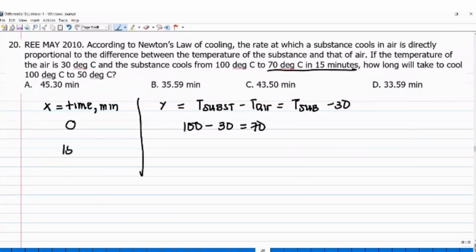So, 15 minutes, so 70 minus 30 is equal to 40. Tapos, tinatanong, how long will it take to cool from 100 degrees centigrade to 50 degrees centigrade. So that will be 50 minus 30 is equal to 20, x hat. Kasi time yung tinatanong.